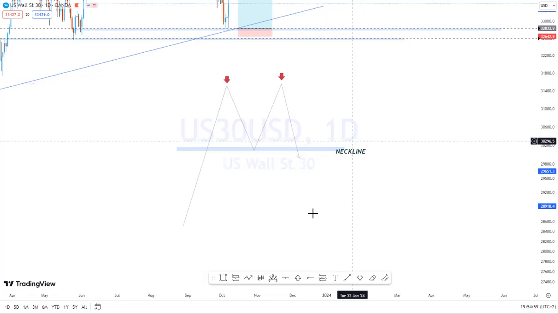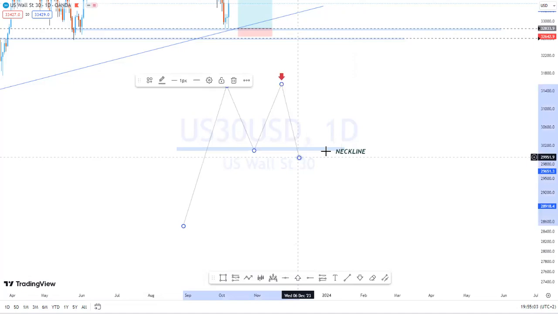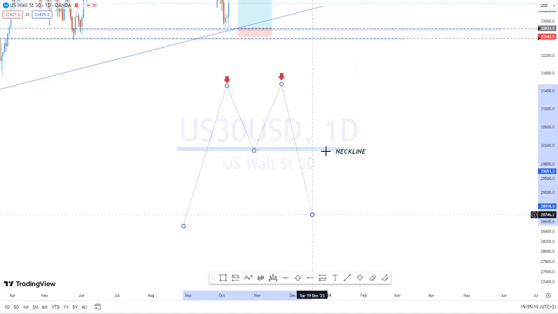But for us to continue pushing further below, we can't just sell very hard without having any kind of correction. Do you get what I'm saying? So the market is going to have to go back to the neckline to give us a confirmation. This is what we call a retest.